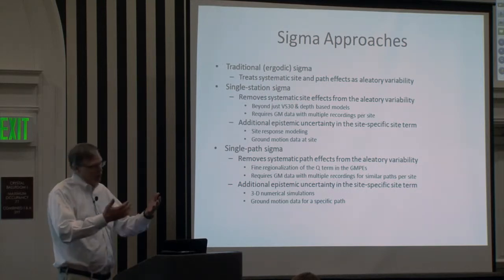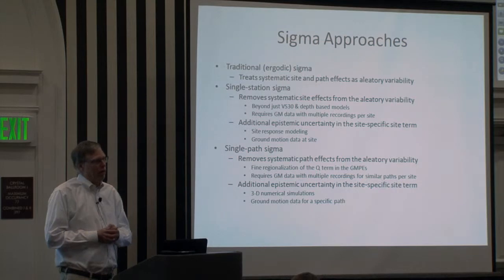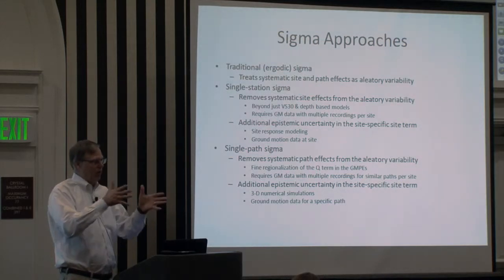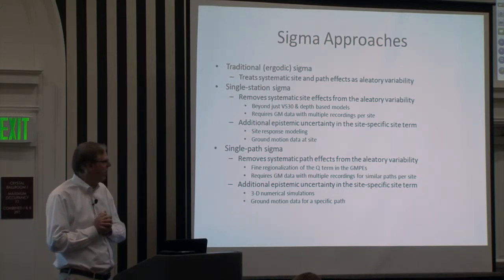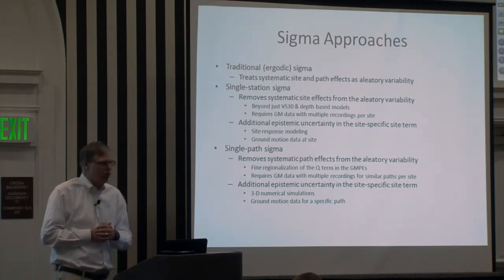When we do that, we would take that out of our ground motion model. If you want to think of it as our ground motion model now, every site has its own special term attached to it. So that reduces the variability because we now fit the data better. And we call that our single station sigma.